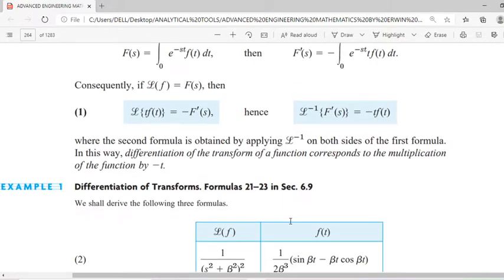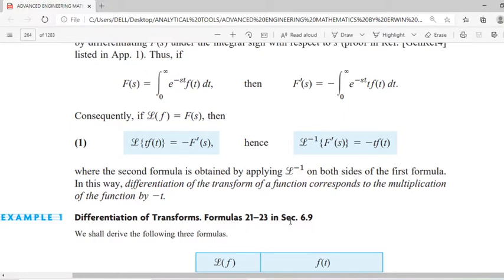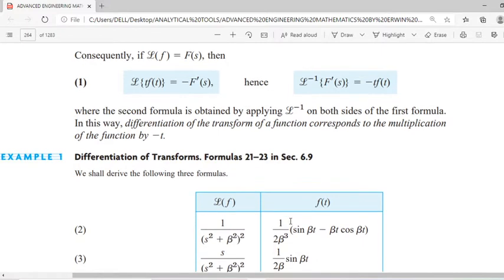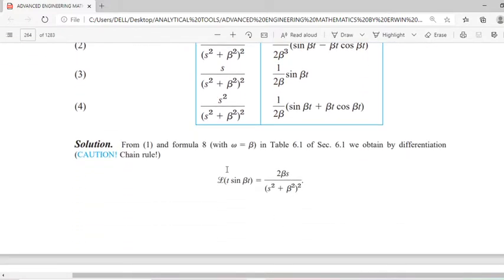L of t f(t) is minus F dash of s. So what is F dash of s? We have identified that F(s) is equal to beta by s square plus beta square. So what is F dash of s?